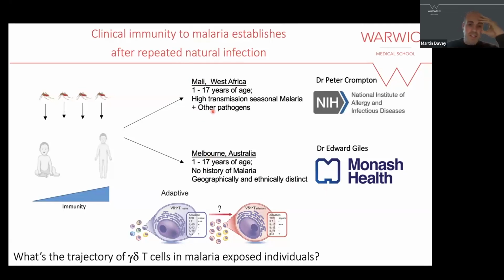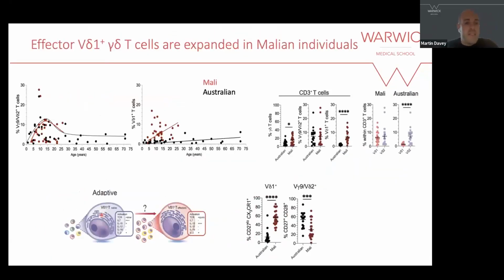And so one of the questions we wanted to ask was, what do the gamma deltas look like in these individuals? What's the trajectory of these cells in these malaria exposed? But obviously they're exposed to a lot of other things. So one of the most striking things we found initially, and it repeats a few observations in the field, but we maybe expanded that a little bit, was that V delta 2s basically looked very similar between both cohorts.